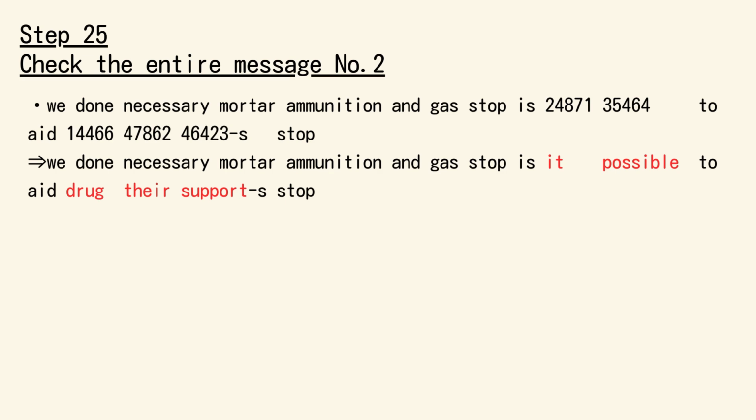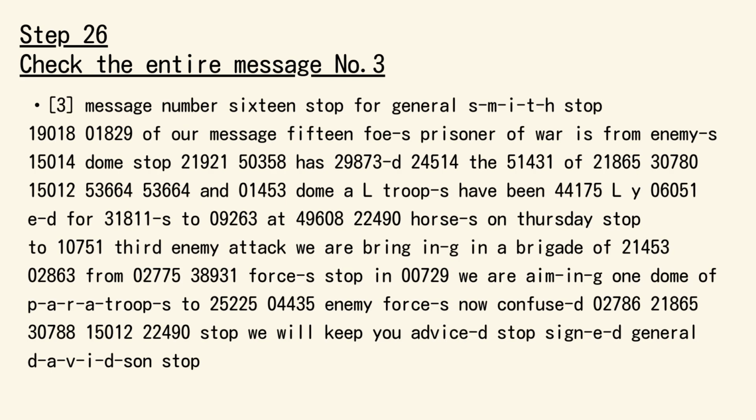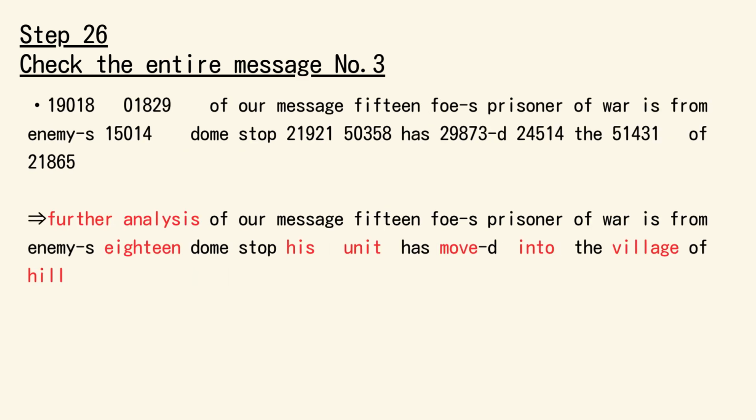Step 26. Check the entire message number 3. Please pause the video if necessary. "Further analysis of our message 15 FOS prisoner of war is from enemy S18 Dome stop, his unit has moved into the village of Hill.